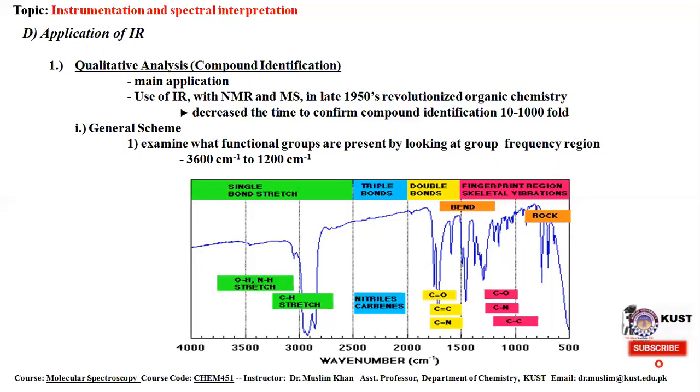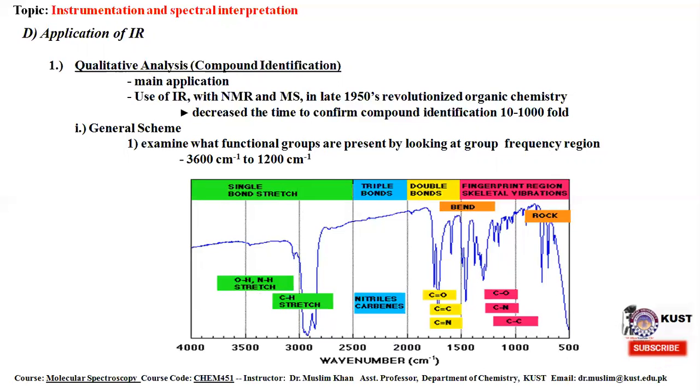This IR technique usually gives you a general scheme of what functional groups are present by looking at the group frequency region from 3600 to 1200 centimeter inverse, because below that is usually the fingerprint region. This is the area in a spectrum which we use for identification.